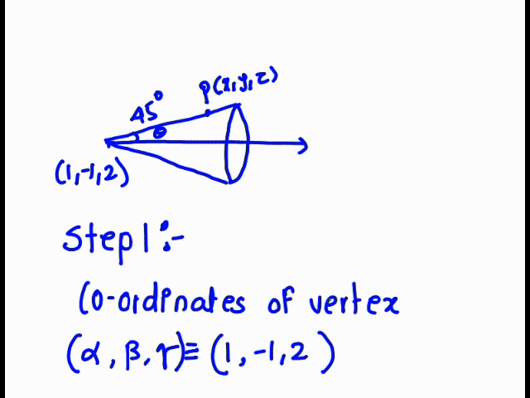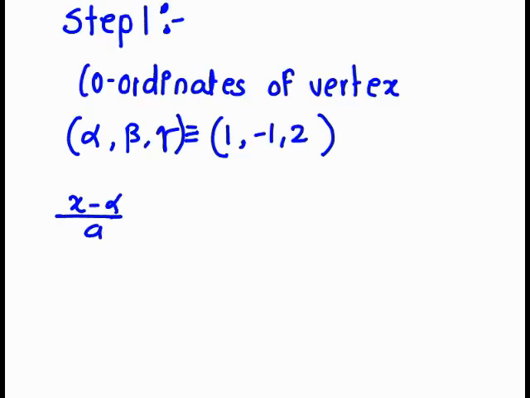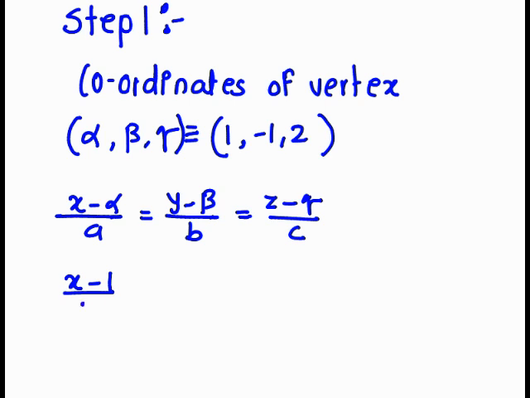Now we need to find the DRs of the axis from the equation of the given axis. If we compare (x - alpha)/A = (y - beta)/B = (z - gamma)/C with (x - 1)/2 = (y + 1)/1 = (z - 2)/(-2), we get the values of alpha, beta, gamma from this also.